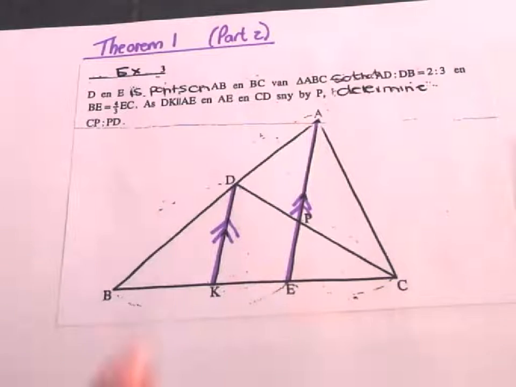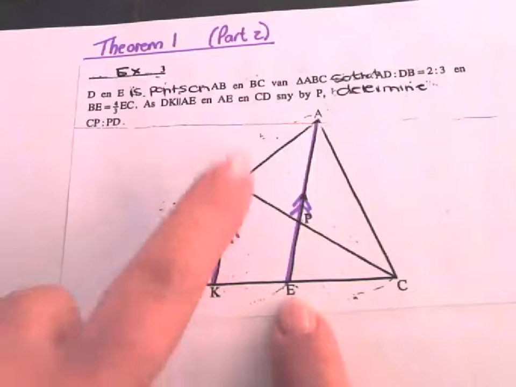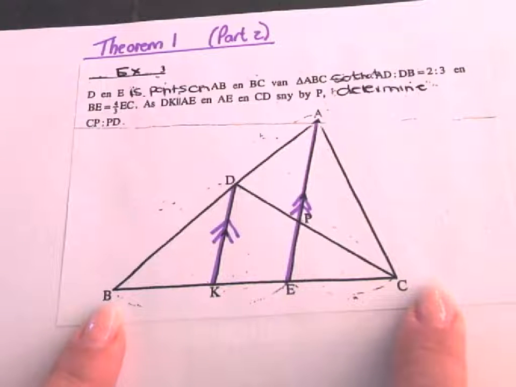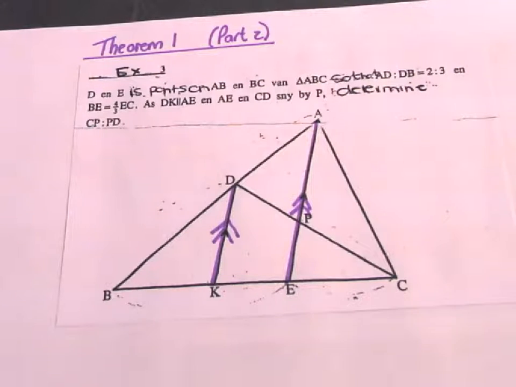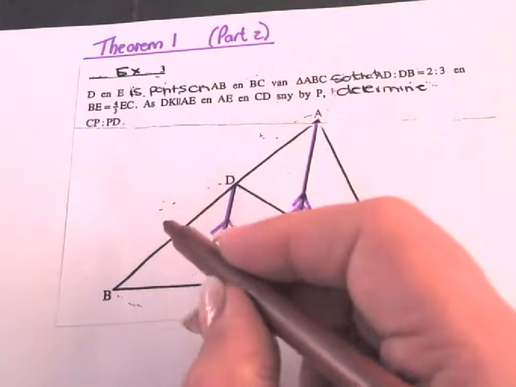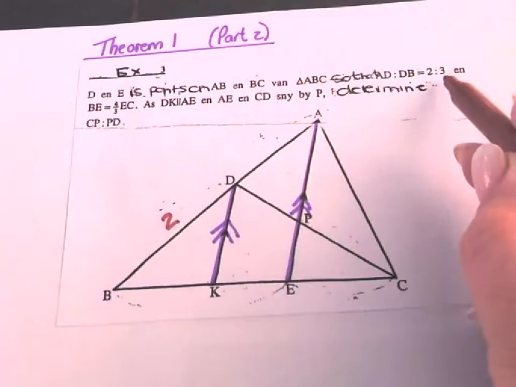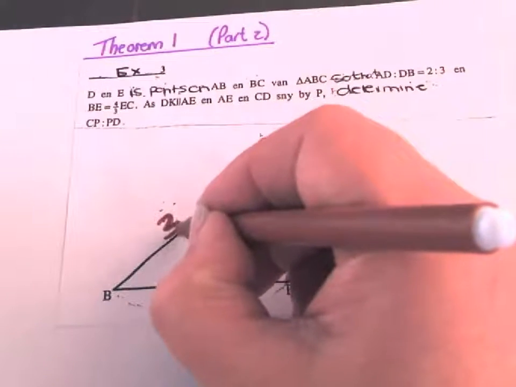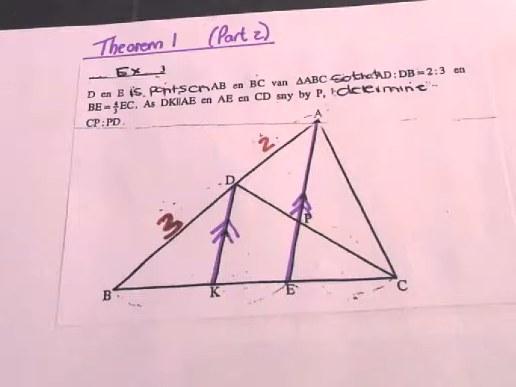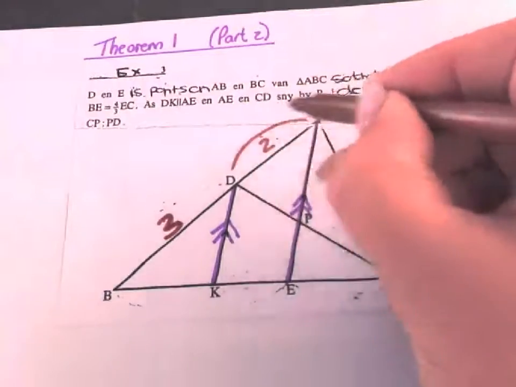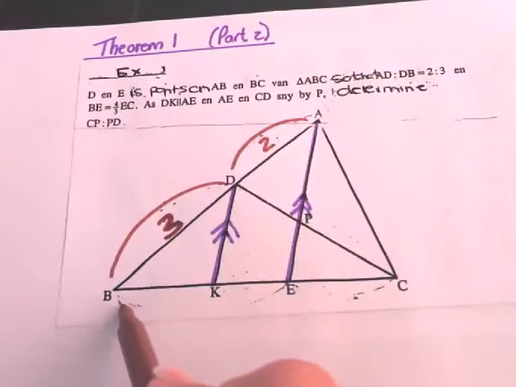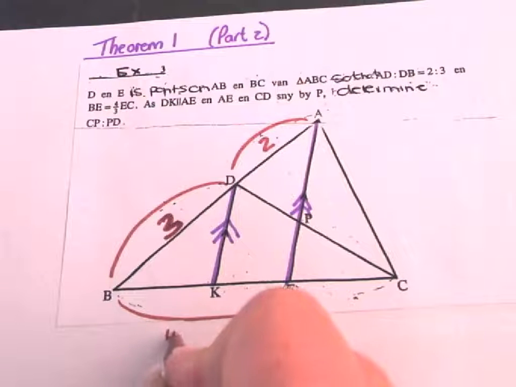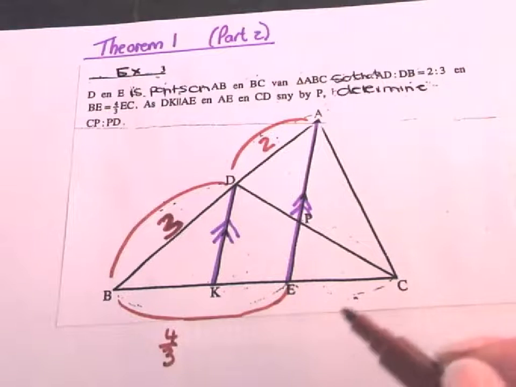It says D and E are points on AB and BC in triangle ABC, so that DB to AB is 2 to 3, and BE is 4 over 3 EC.